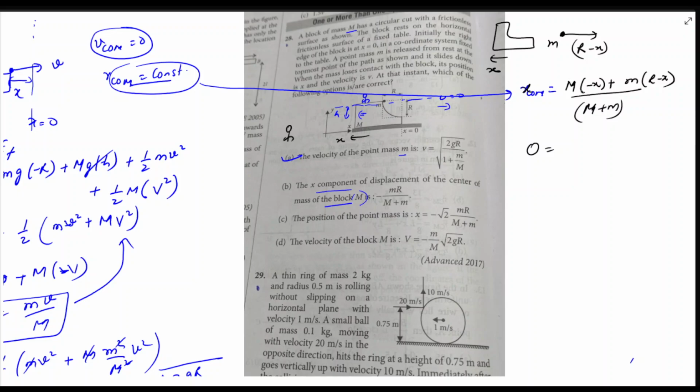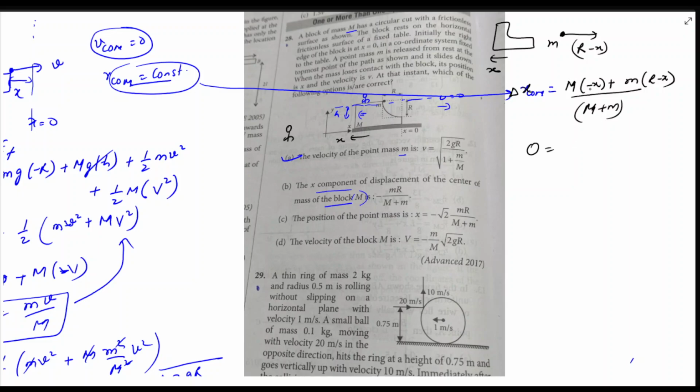So we have this M x and this is m into R minus x, right? So you can say this is delta x. So the x is what? Displacement of this capital M, and R minus x is the displacement of small m. So it is zero, right?